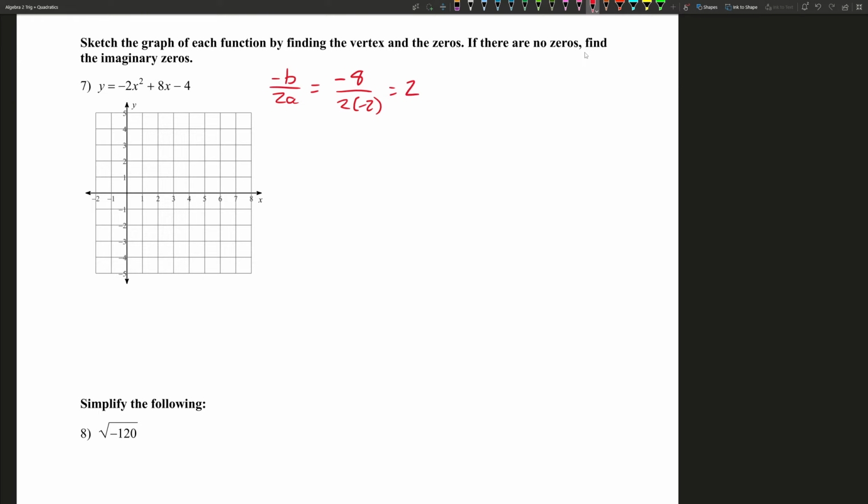That just gives us 2. If we plug that back in, that just gives us positive 4. So our vertex is (2, 4).